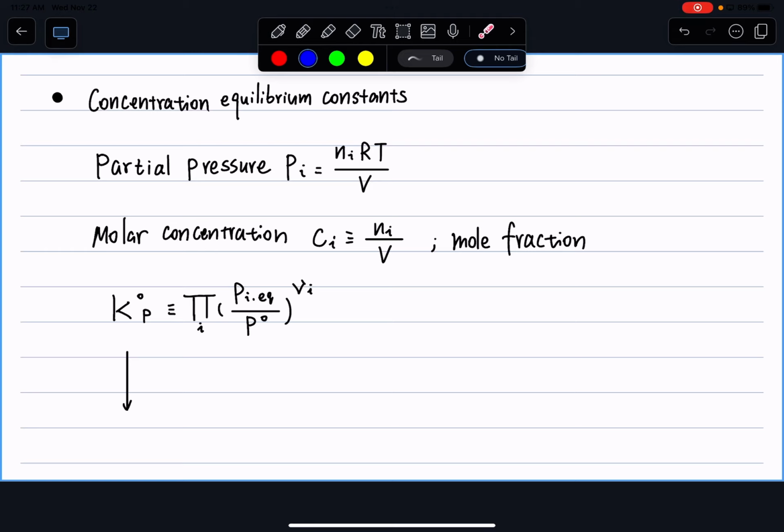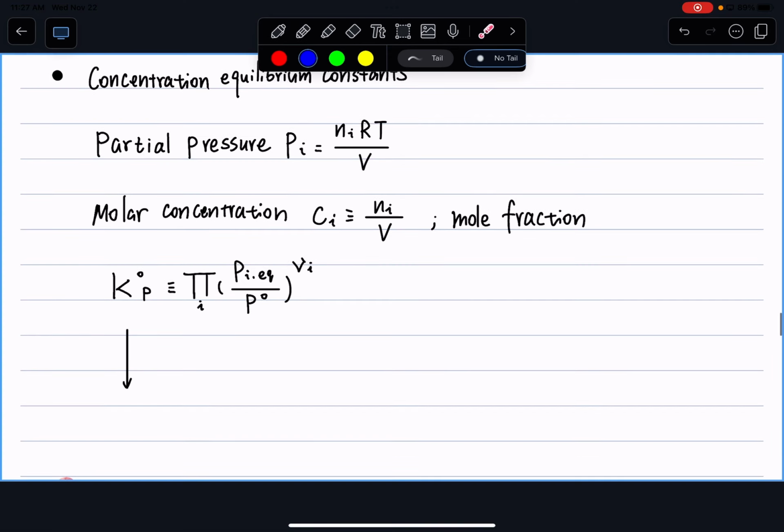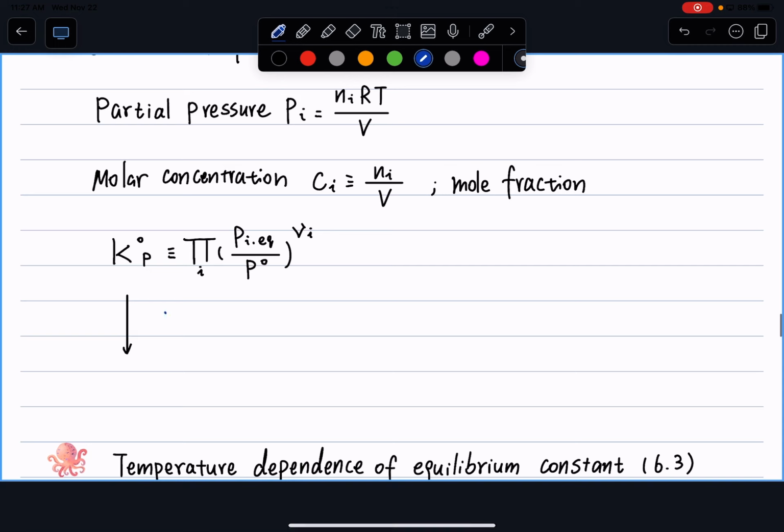So when we're talking about the concentration equilibrium constant, it's pretty much the same, just instead of having that partial pressure, we manually define that Pi equals the concentration times RT. So here is your concentration, that is moles per liter, so that's your number of moles divided by volume. So using your ideal gas law, you can have an idea about what your concentration is as a function of pressure.